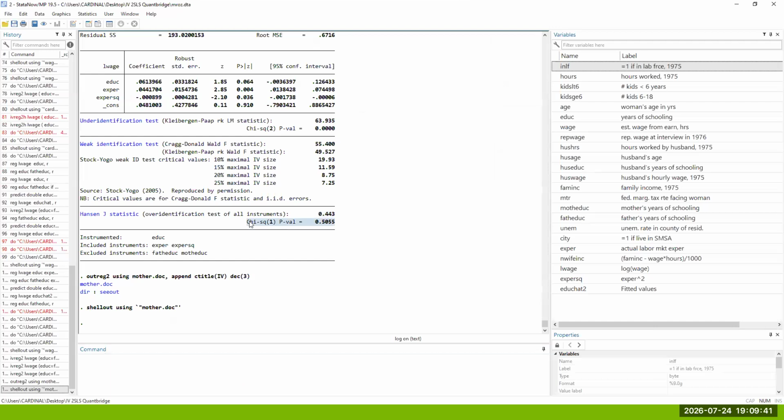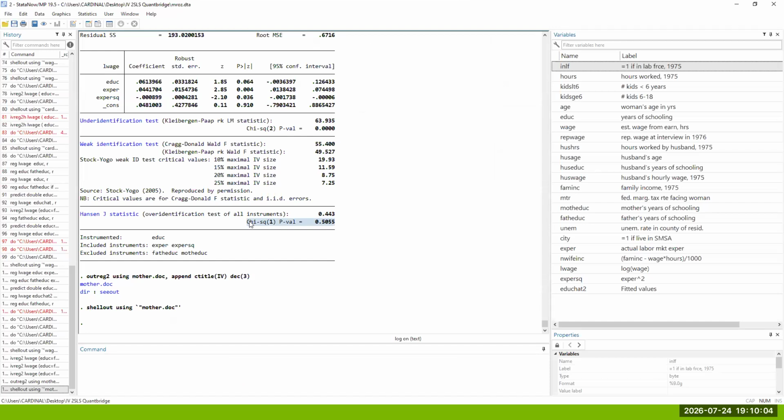Now there's AI. So if you forget the interpretation, just go and check. The null hypothesis for the Hansen J statistic is that the over-identification is justified. The alternative hypothesis is that it is not justified.